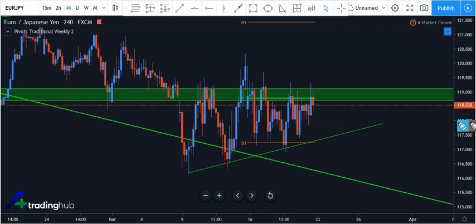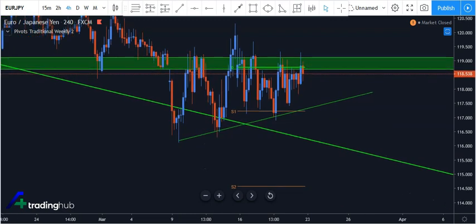We are going to sell from current market price back to the bottom at the S2. So this week we want to sell to S2, though we may still see price make a little push and tap this top again before dropping to S2. So I'm bearish on Euro JPY for this week.